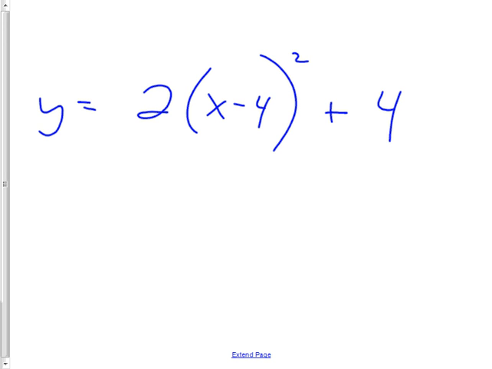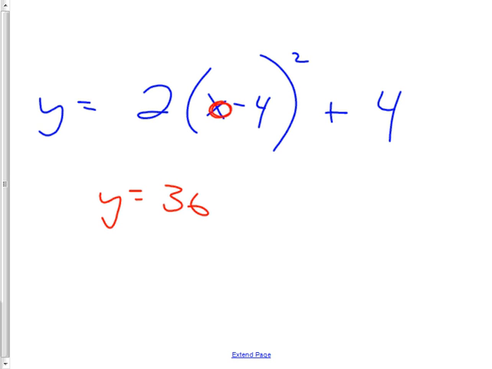The y-intercept would be where what? X equals 0. So I'm going to put in a 0 here. There's only one place to put it, so all right. So now how do I do this? I go negative 4 squared, which would be 16 times 2, which would be 32 plus 4, which would be 36. How many of you knew it was 36?